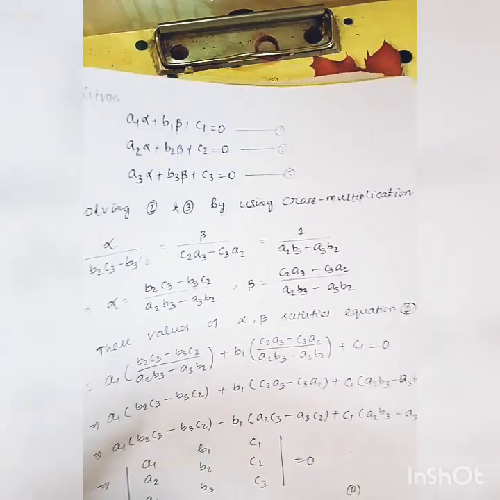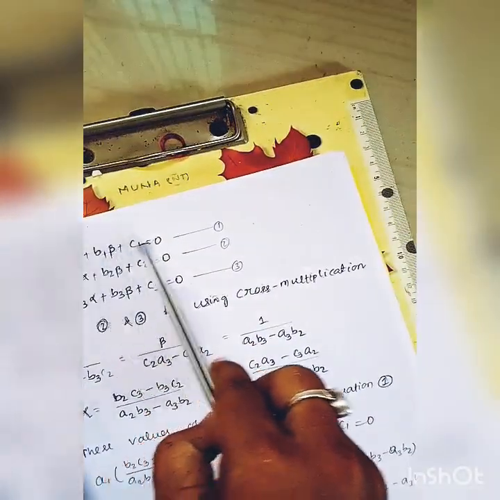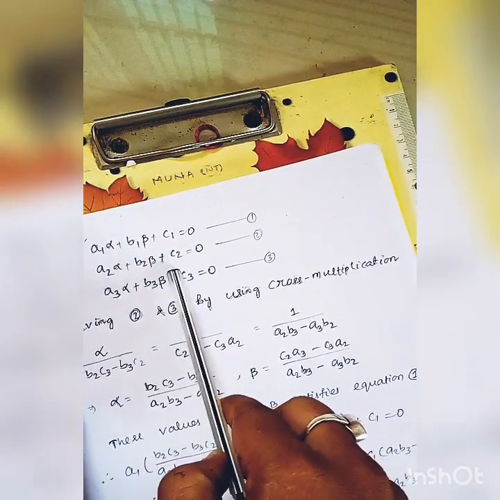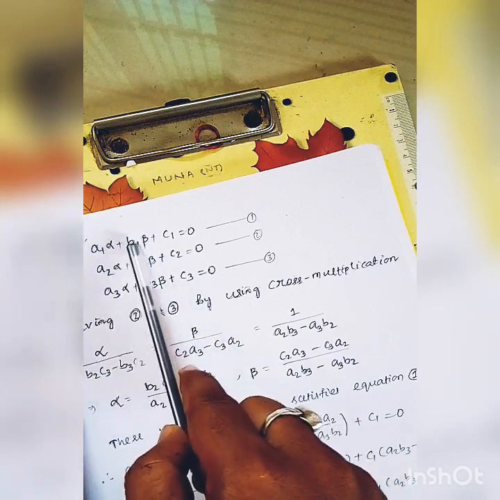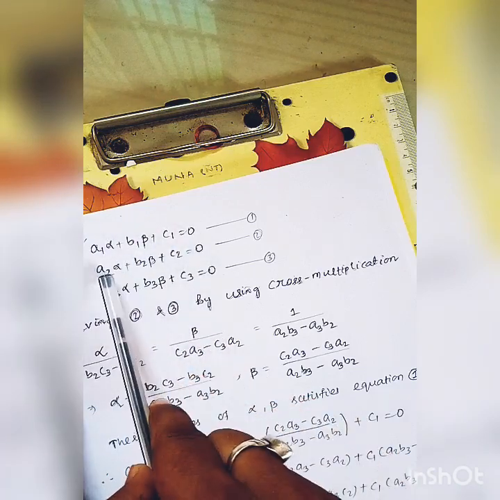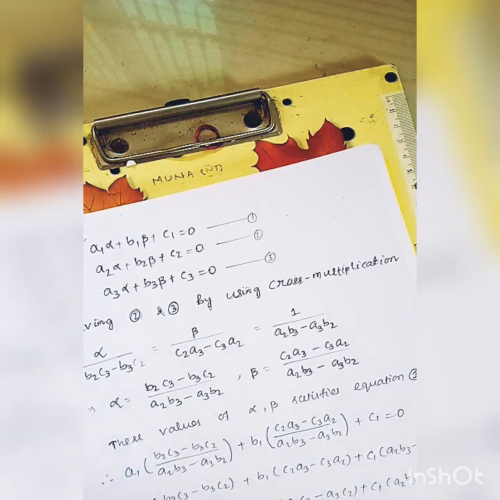What is the geometrical meaning of this? Obviously this represents a relation in alpha and beta, and so do the other two. If you put alpha equal to x and beta equal to y, it is a1x plus b1y plus c1 equal to 0, a2x plus b2y plus c2 equal to 0, and a3x plus b3y plus c3 equal to 0.